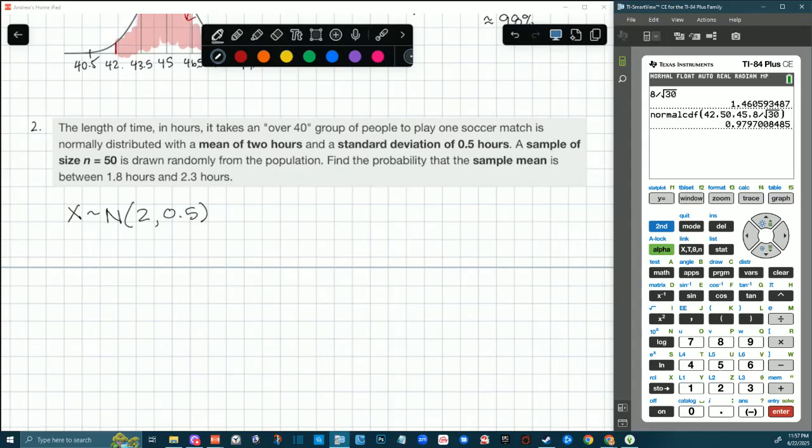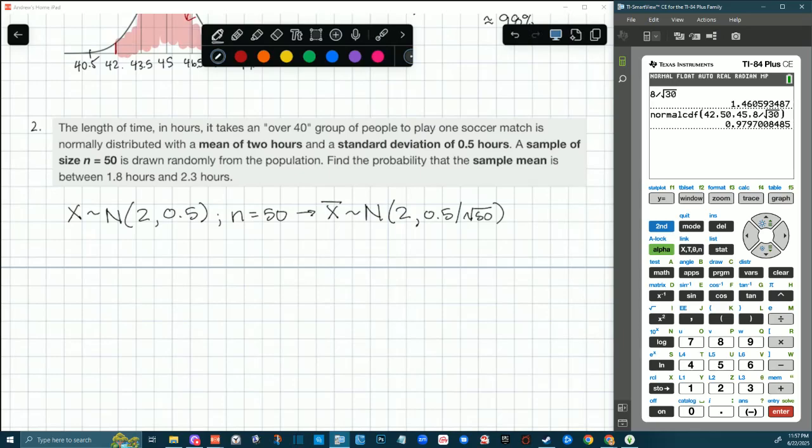We're then going to collect samples of size n equals 50 and construct a sampling distribution of sample means. Since n is 50, and that's greater than 30, we know our sampling distribution of sample means is also normal, and it should have a mean of 2 and a standard deviation of 0.5 divided by the square root of 50.